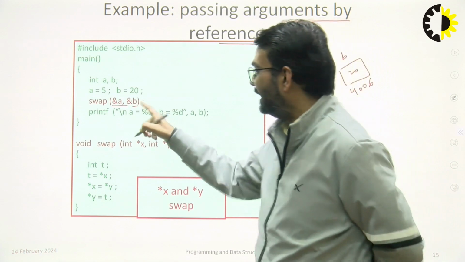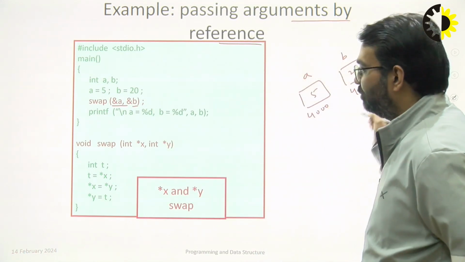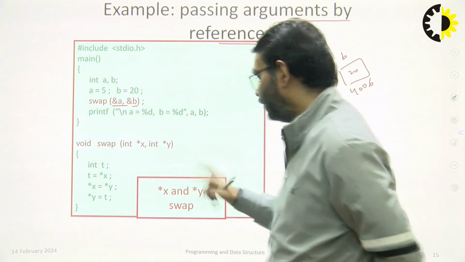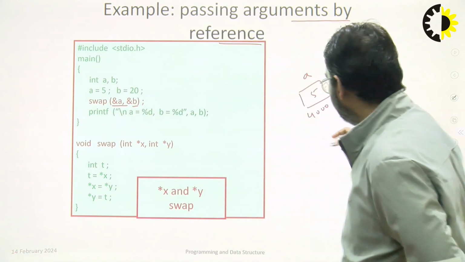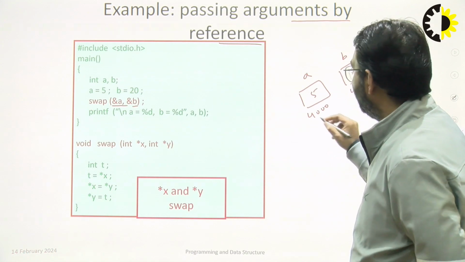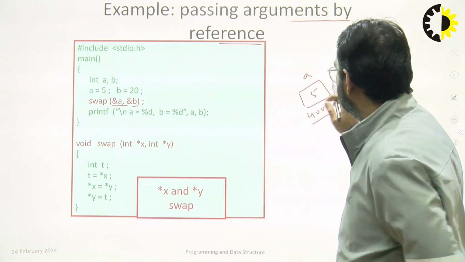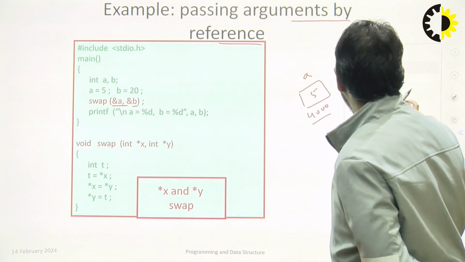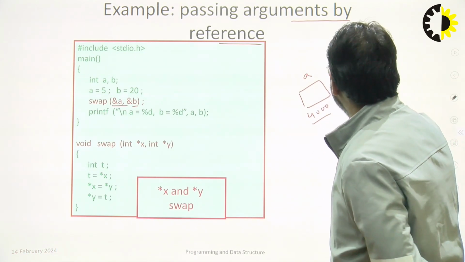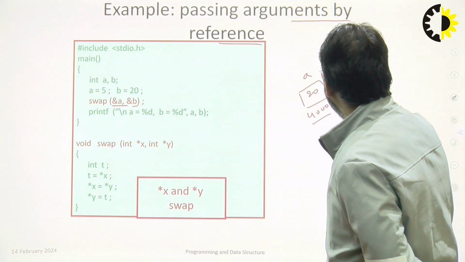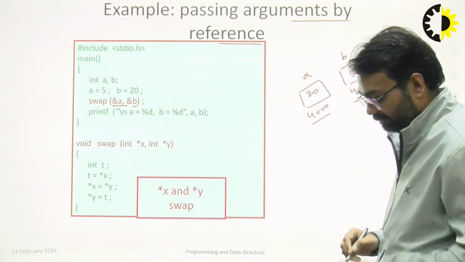Now we are passing the addresses of a and b. Here the pointer variables will receive the addresses of a and b. Now we are swapping. It means we are performing the changes at the locations. After performing the swapping, the values will be changed. Now a will become 20 and b will become 5.